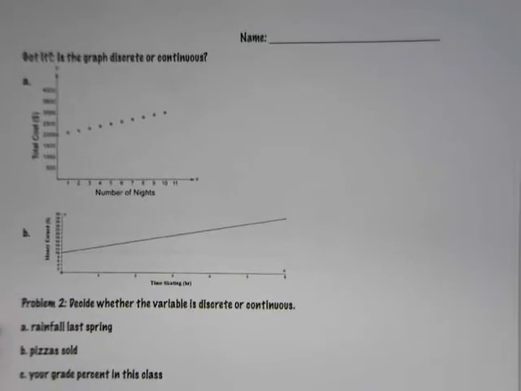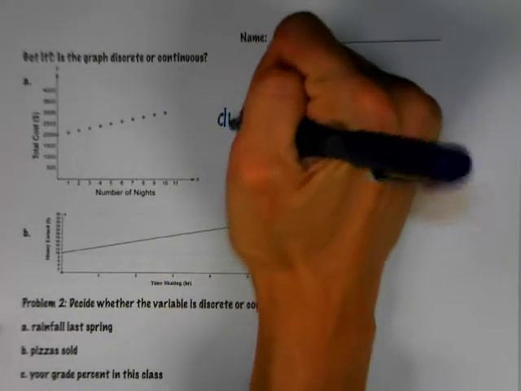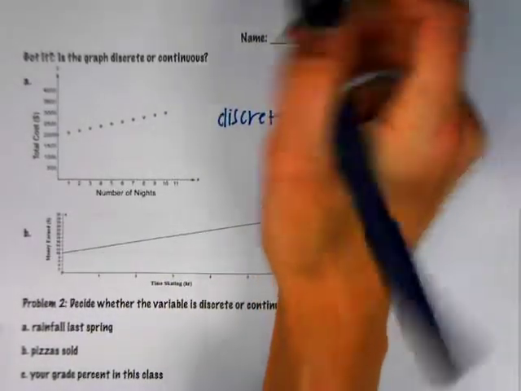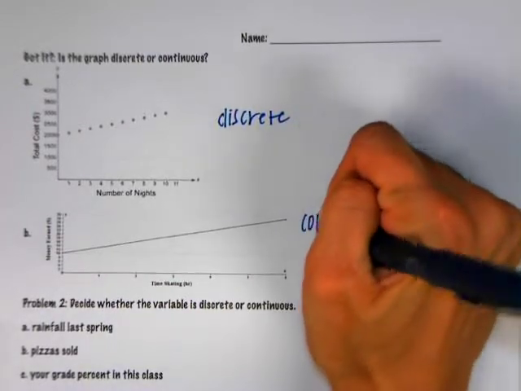All right, which one is A going to be? Discrete. What about B? Yep.